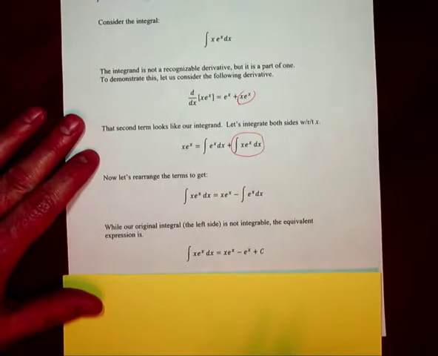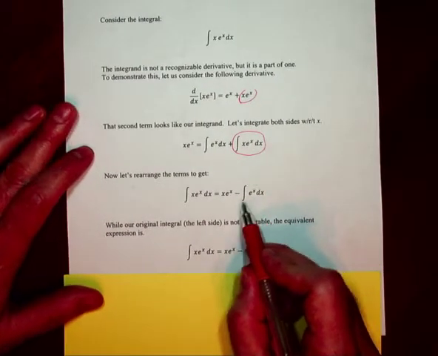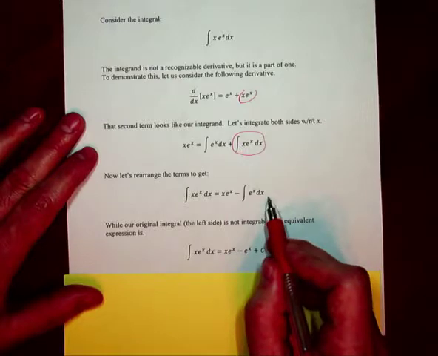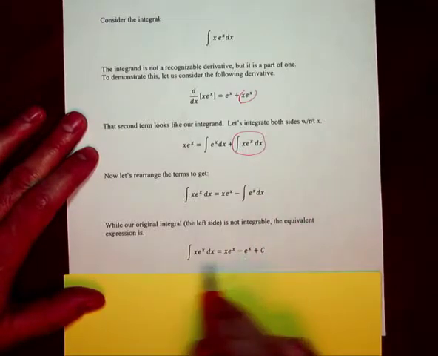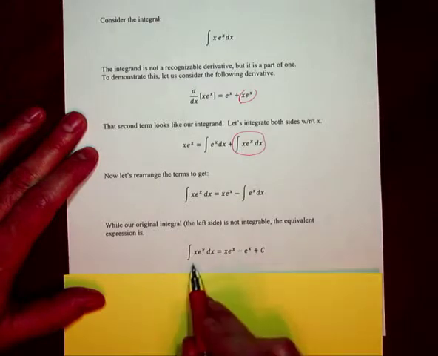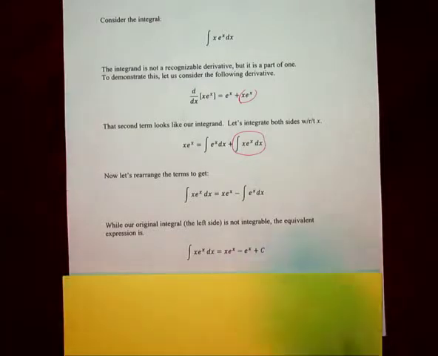And so when I go ahead and integrate that negative integral e to the x dx, I of course get e to the x plus c. And basically this is the answer for that integral. And all I had to do was recognize the fact that it could indeed be a part of a recognizable derivative and not the entire derivative in and of itself.